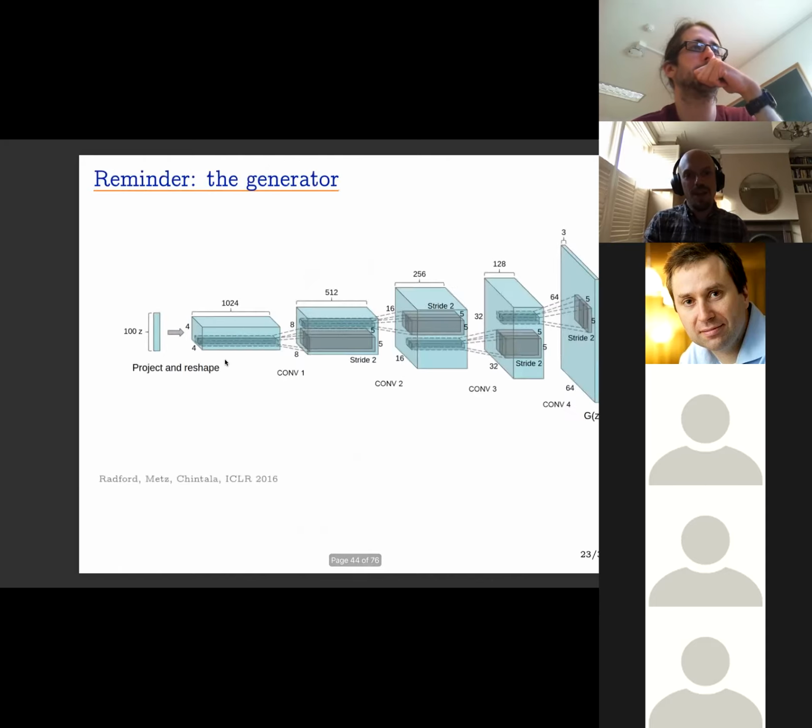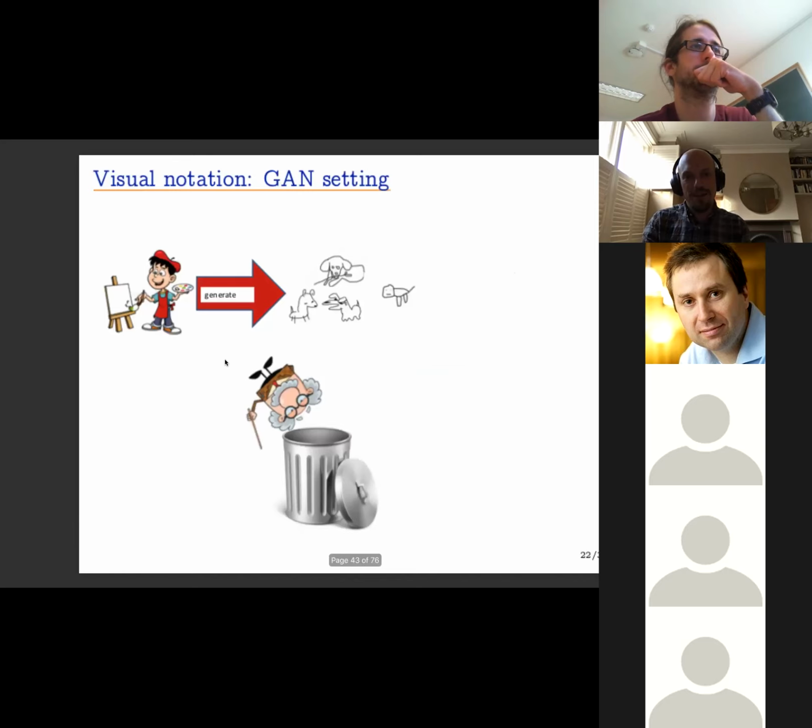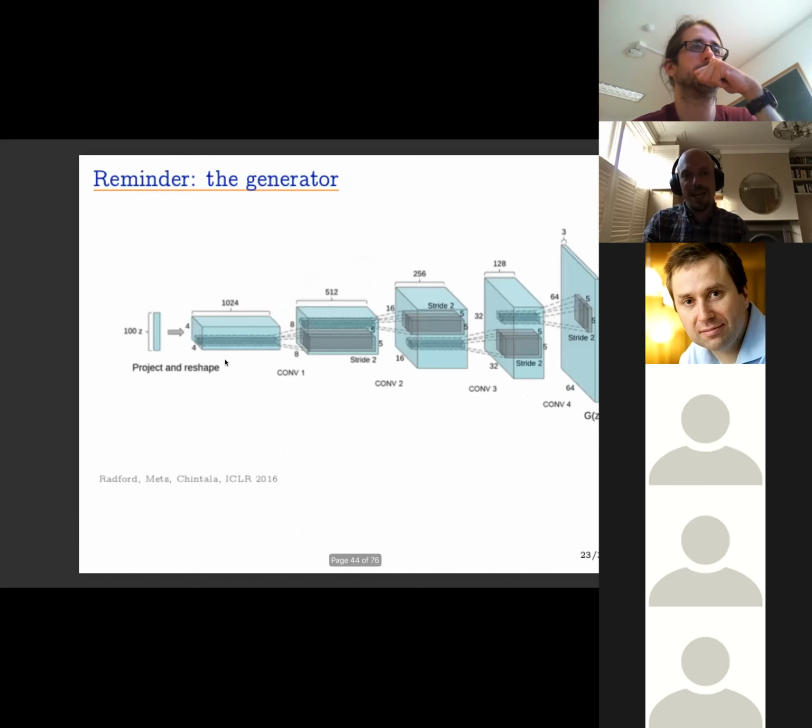Okay, so let me remind everyone what a generator looks like for a GAN, because it's important to understand what the generator is doing, or to characterize the output of a generator.